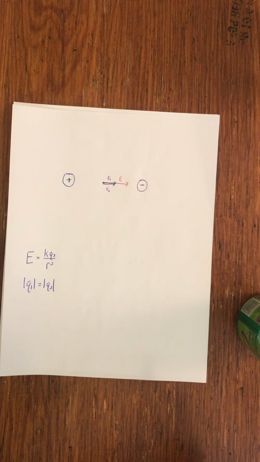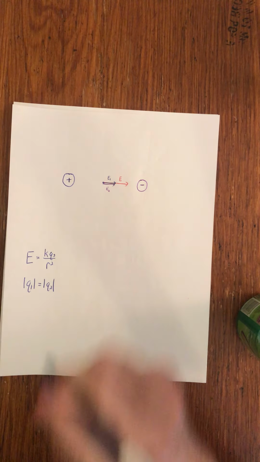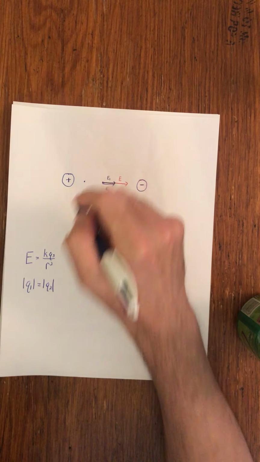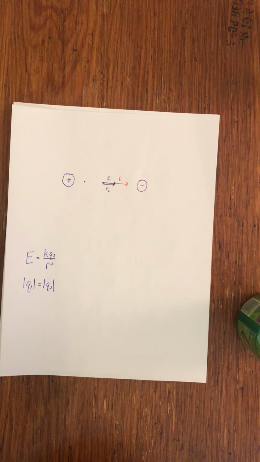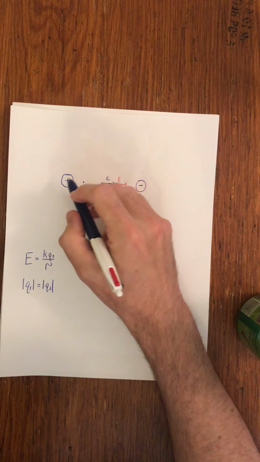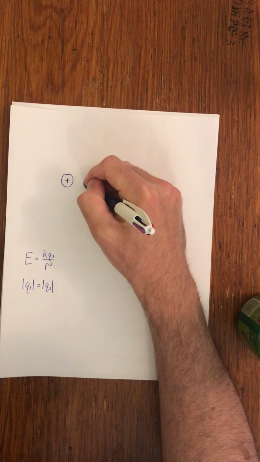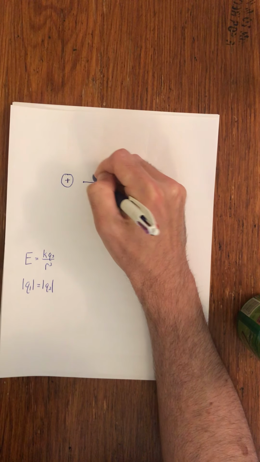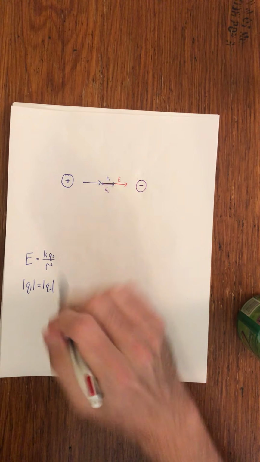All right, cool. So now let's examine another point. Actually, we'll examine another point along the line connecting the two charges. So let's say this point in space here. Let's first do the electric field due to charge 1. Once again, radially outward from this point. I'm going to draw a longer E1 vector now than the one here because it's closer.